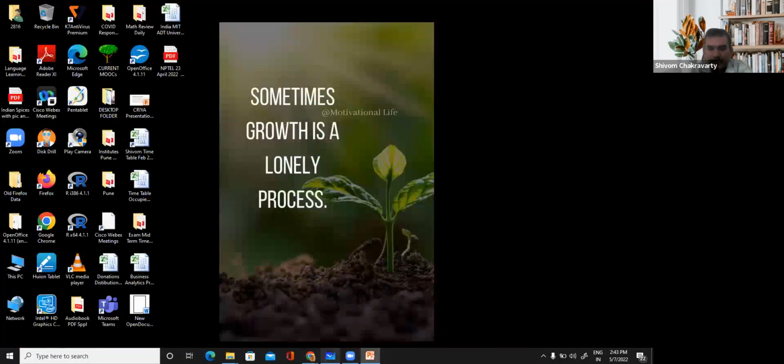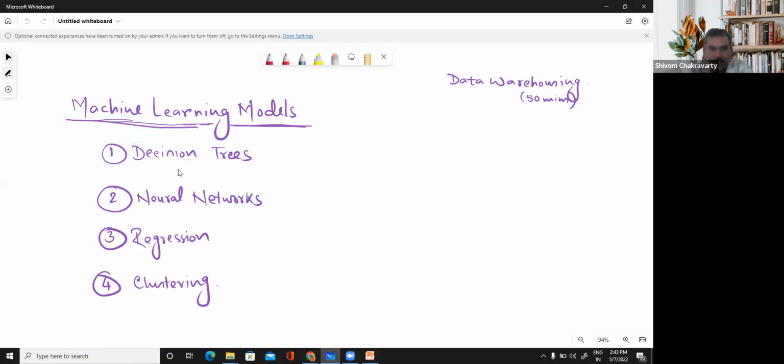As far as machine learning models are concerned, we have discussed 4 models. In that, we have seen an example of decision tree. On Tuesday, from the late evening session, we have seen a detailed example of decision trees. Today, we will see regression and clustering.